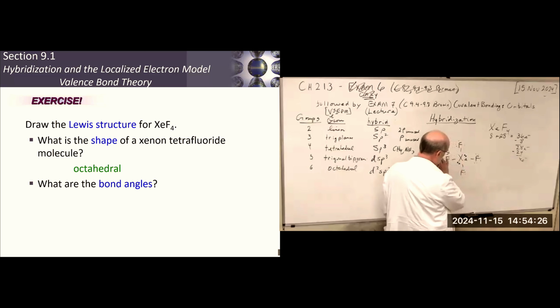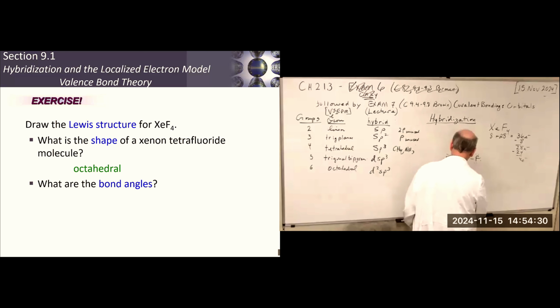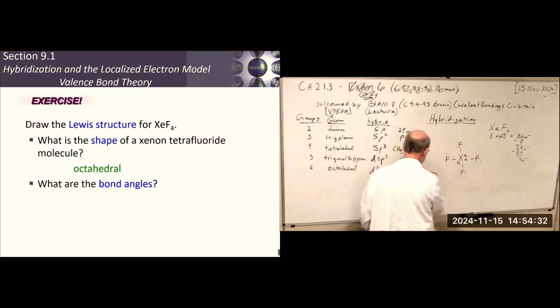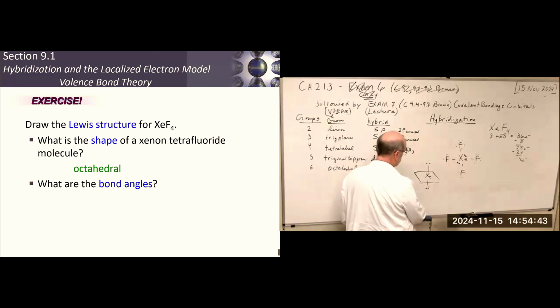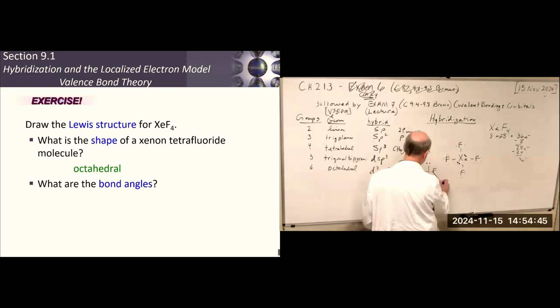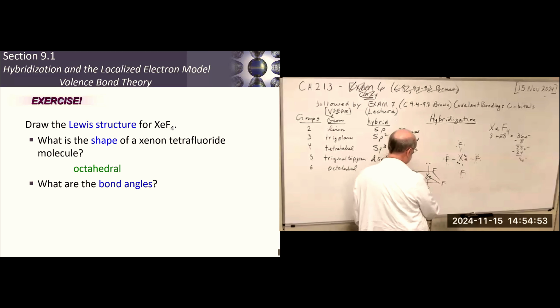All right. So when we draw xenon tetrafluoride, we have this square in the center with xenon in the middle. Where do the lone pairs go? The lone pairs go at the apexes for octahedral groups, and the rest is fluorine. Okay, so this is a 90-degree angle. All these are 90 degrees, and that's all we have.